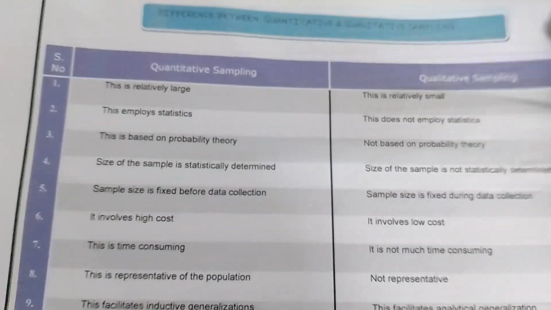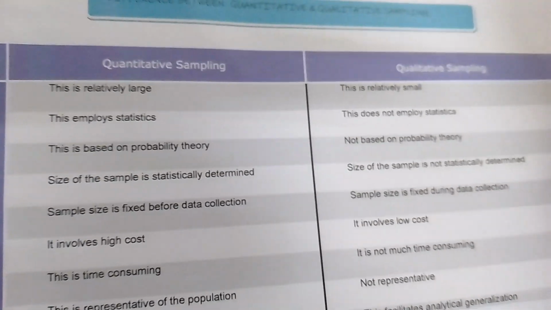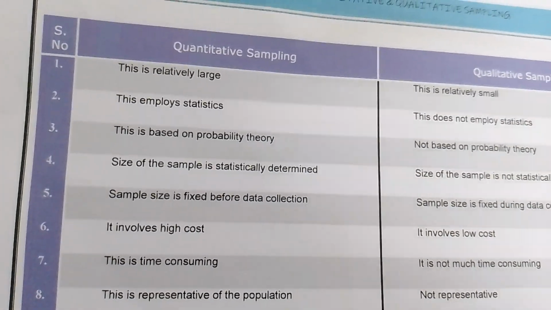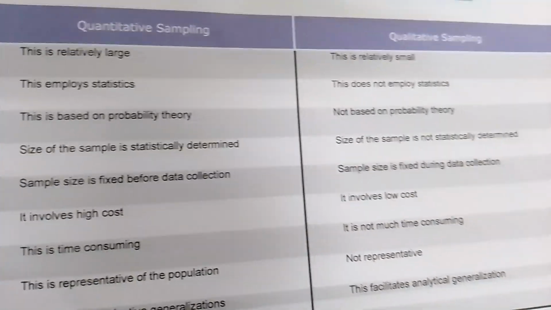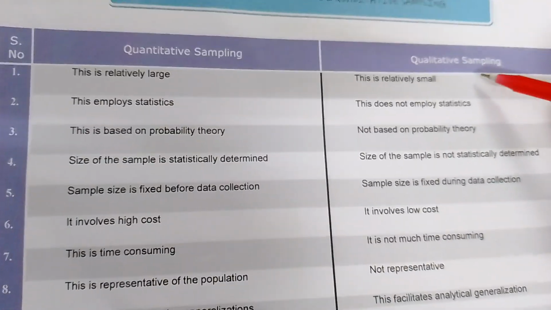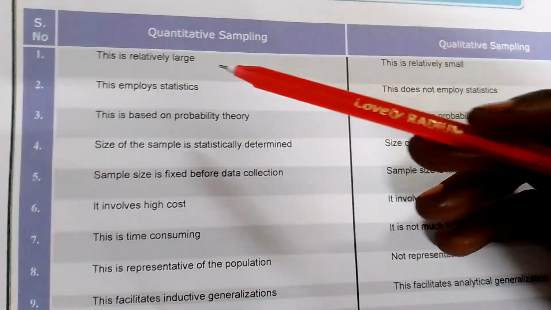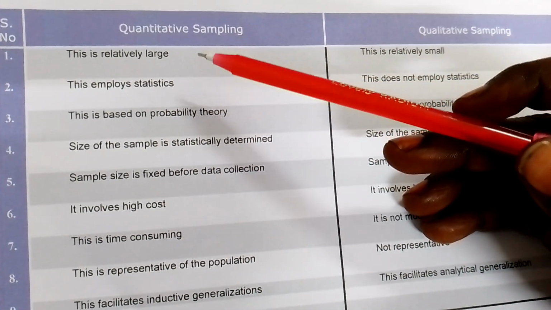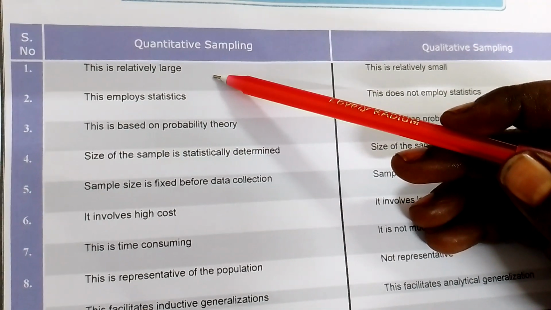So you may ask whether the sampling technique is the same for all these methods. No, there is a difference between the quantitative sampling technique and the qualitative study. In a quantitative sampling method, it is a relatively large sample.